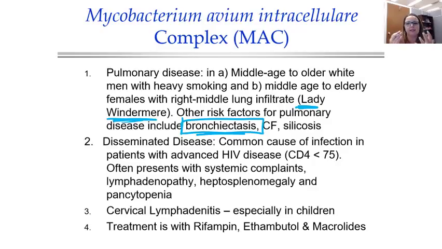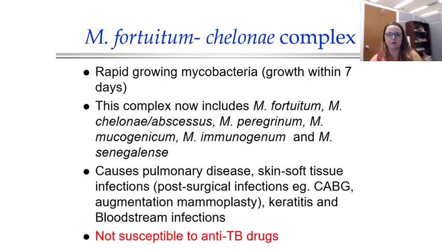You can see disseminated disease with MAC, and it actually winds up being a really big problem for patients with advanced HIV disease. In children, you're more likely to see scrofula, so that's cervical lymphadenitis, which I showed you in a previous video. Okay, M. fortuitum chelonae complex. This is a rapid grower.